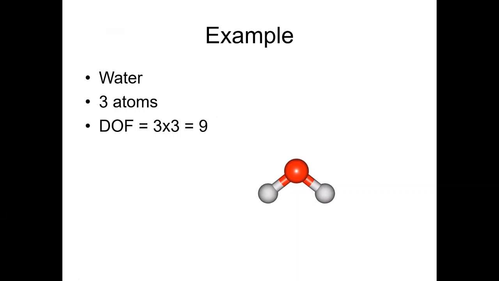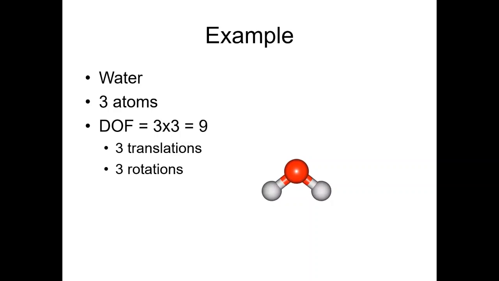So this is going to give us 3 times 3, or 9 degrees of freedom. Now those 9 degrees of freedom represent different kinds of motion. And we are only interested in the vibrational motion. So we're going to subtract out the 3 translations and the 3 rotations. Infrared light doesn't cause these motions.